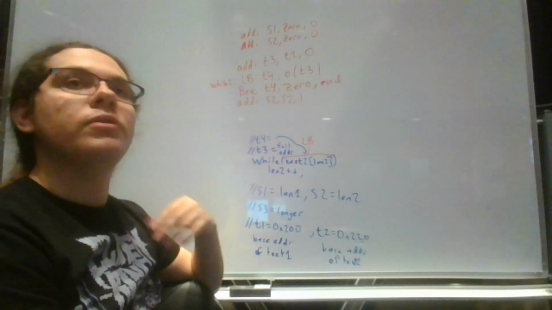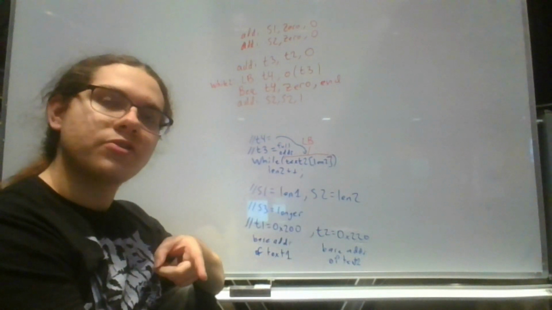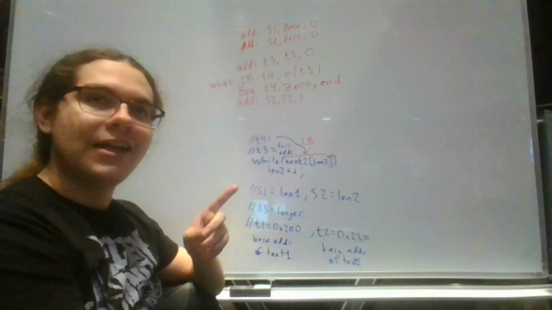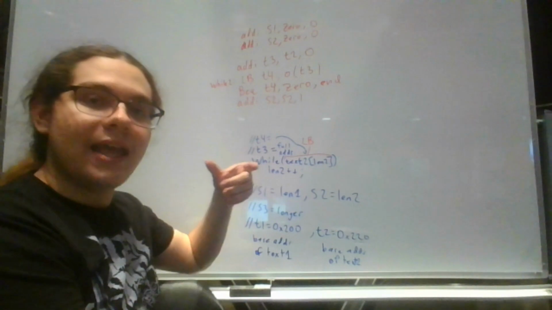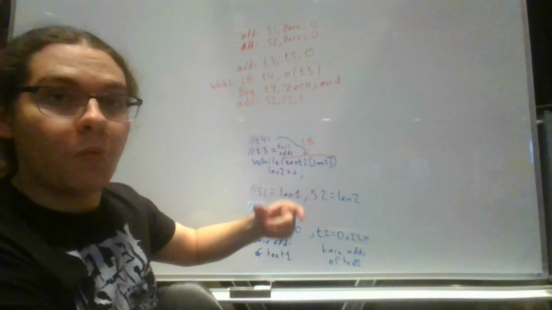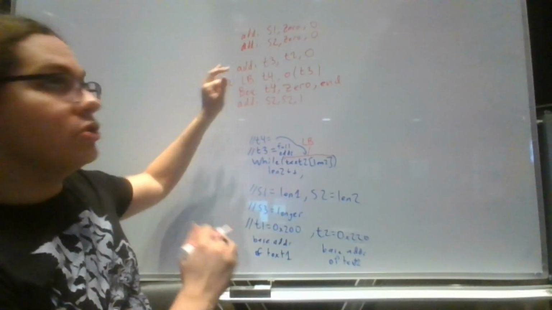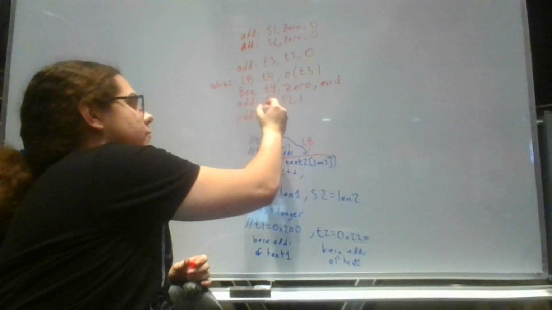That, however, is only for words, because words are 4 bytes long, but since we have a character array here, that's 1 byte long. So we can say the addresses go up by 1s, because it's byte addressable, so every byte gets 1 address corresponding to it. So you go up by 1s here. If we were doing words, we would have to add immediate 4.